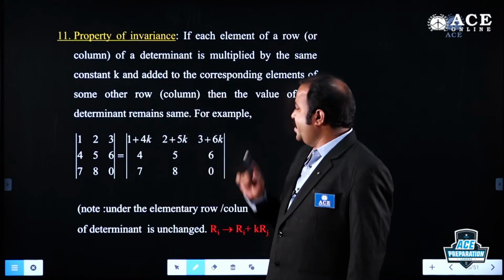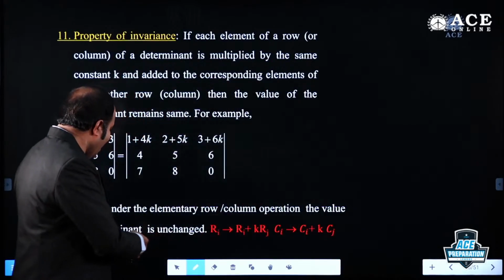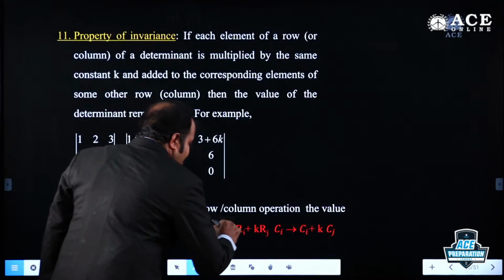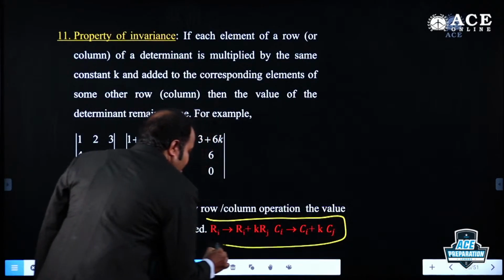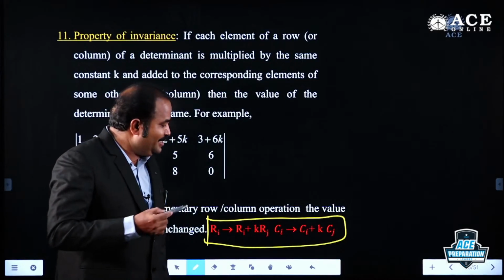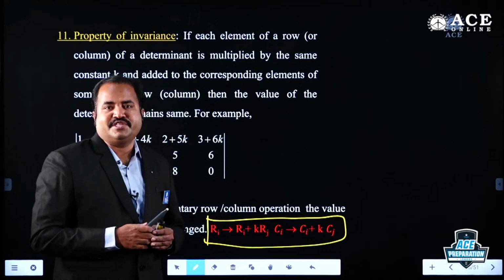So this is called the property of invariance. Under elementary row or column operations, the value of the determinant is unchanged. So what type of operations are to be performed? Ri implies Ri plus k times Rj, Ci implies Ci plus k into Cj; then the determinant remains the same only.